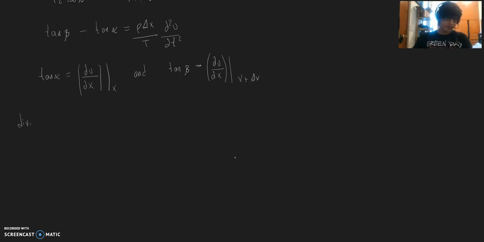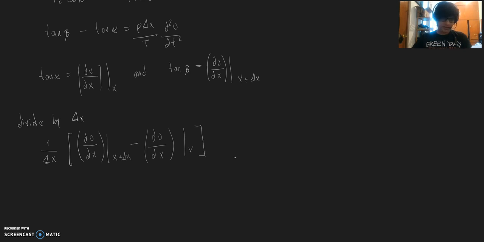So we can then divide by delta x, and we'll have 1 over delta x times the derivative of u with respect to x at x plus delta x minus the derivative of u with respect to x at the point x, which is equal to rho over T times d squared u over dt squared.